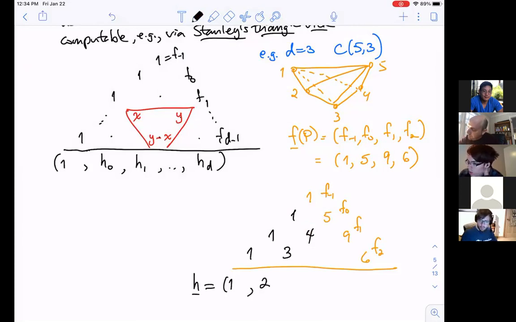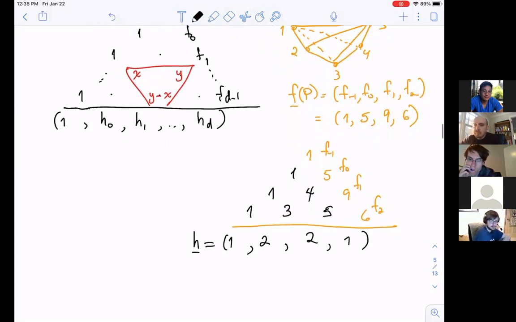Okay, so I've gotten a couple of h vector entries. What else happens here? The 9 minus 4 gives me a 5. The 5 minus 3 gives me a 2. And then that 6 minus 5 gives me the last h vector entry of a 1.